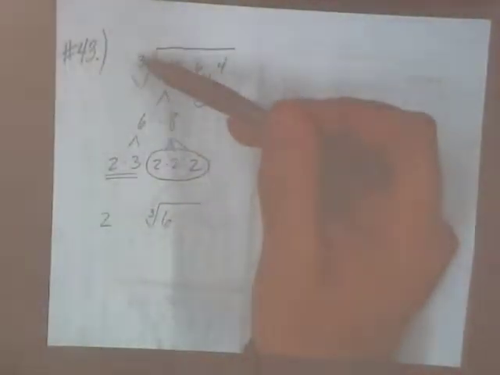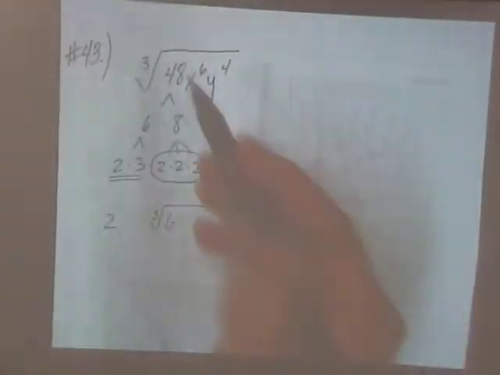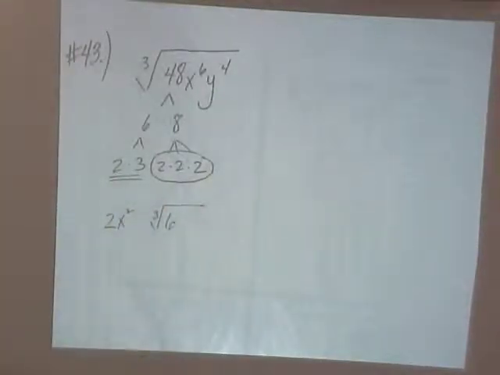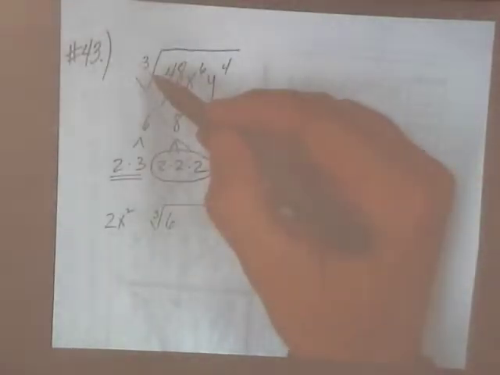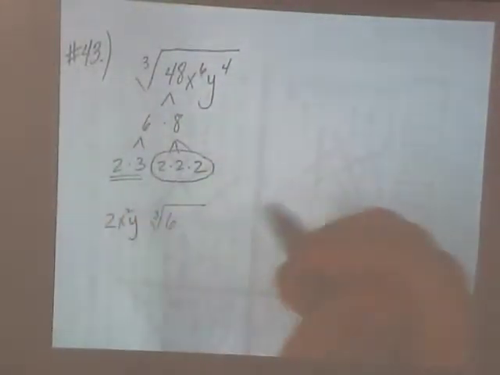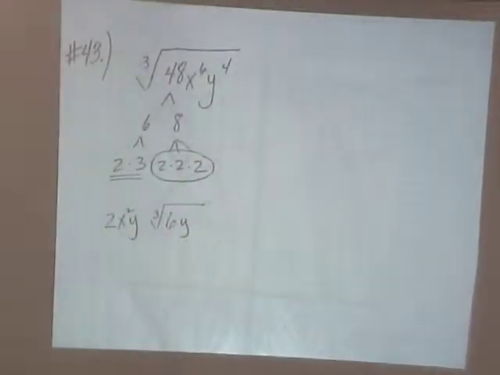How many times does the index go into 6? How many times does 3 go into 6? 2 times. That's how many x's you can pull out, x squared, and there's none left over. How about the y's? How many times does 3 go into 4? One time, that's how many you can pull out. How many are left over after you divide? One left over that has to stay on the inside.